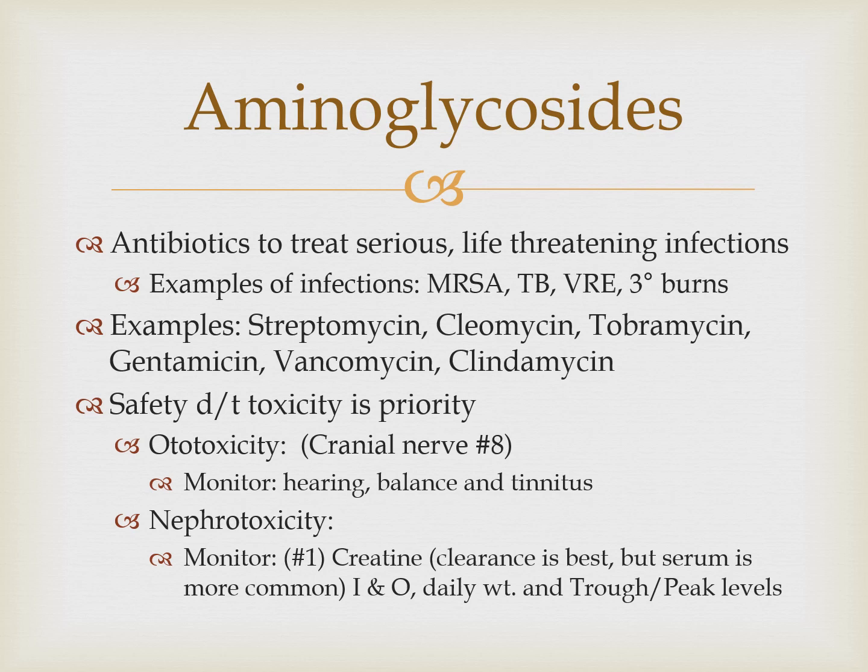Nephrotoxicity, we want to monitor the creatinine. Creatinine clearance is best, but it takes a long time to get through, but serum creatinine is most commonly used. We want to monitor their I&O, their daily weight, and then we want to draw their trough and peak levels between the third and the fourth dose, which I'll talk more about on the next slide.